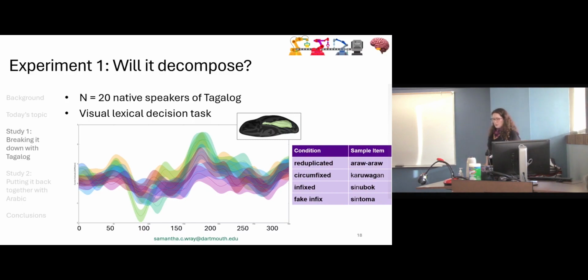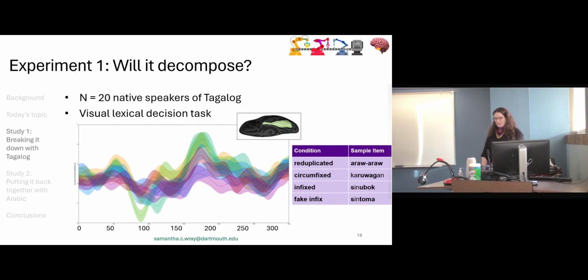So here's the type of words we looked at, although I didn't have time to discuss reduplication and circumfixation today. Reduplication is just two stems. Circumfixation is a stem with affixes on either end. And infixation is the affix shoved right in the middle. Remember also we have the fake infix, which is not really an infix, much like winter doesn't really have a suffix.